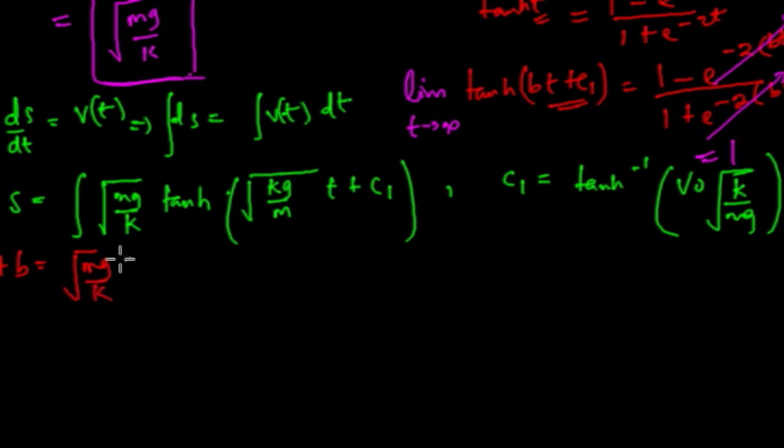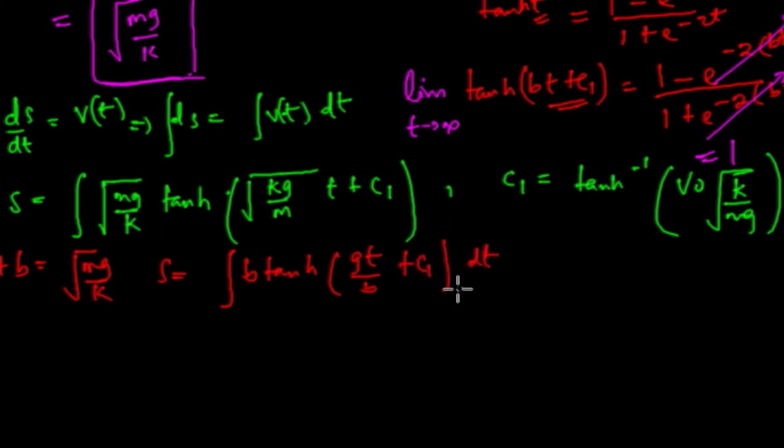So if b equals that, what we have is that we are integrating s, the integral of b tan of gt all over b plus c1 dt.